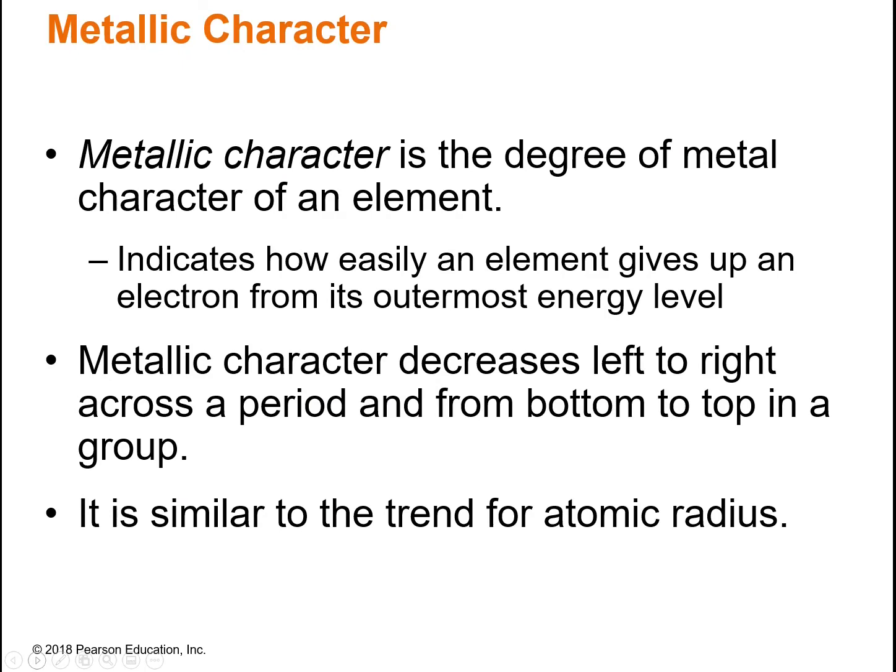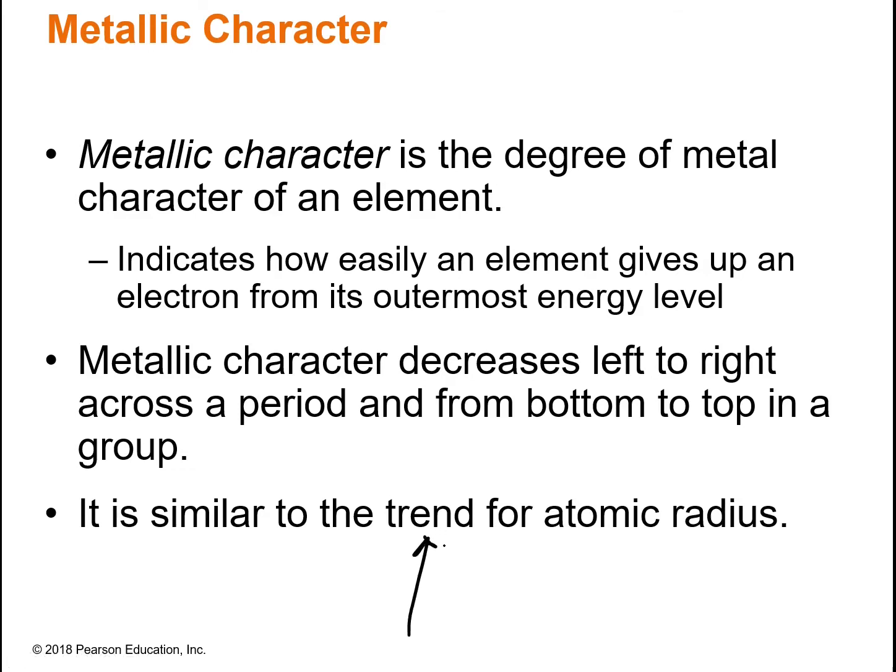The second trend we're going to cover is metallic character. What that means is how easily an element will give up an electron from its outermost energy level. The metallic character trend is the same trend as atomic radius.